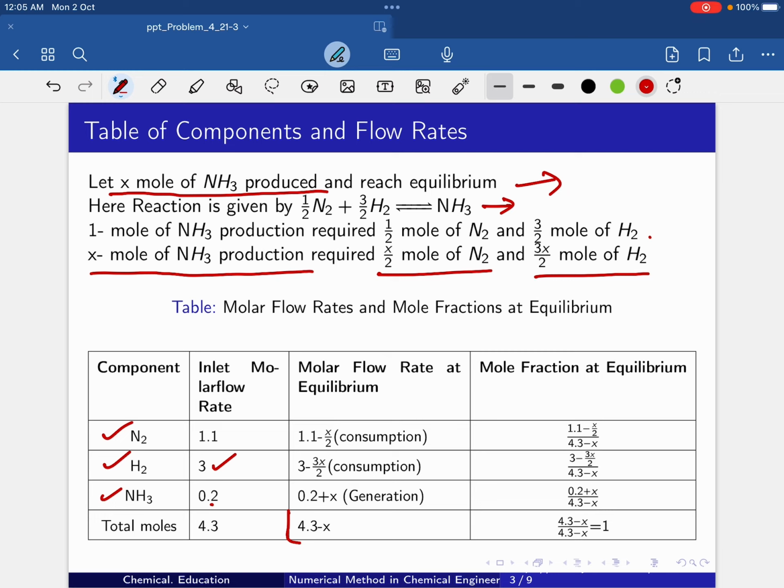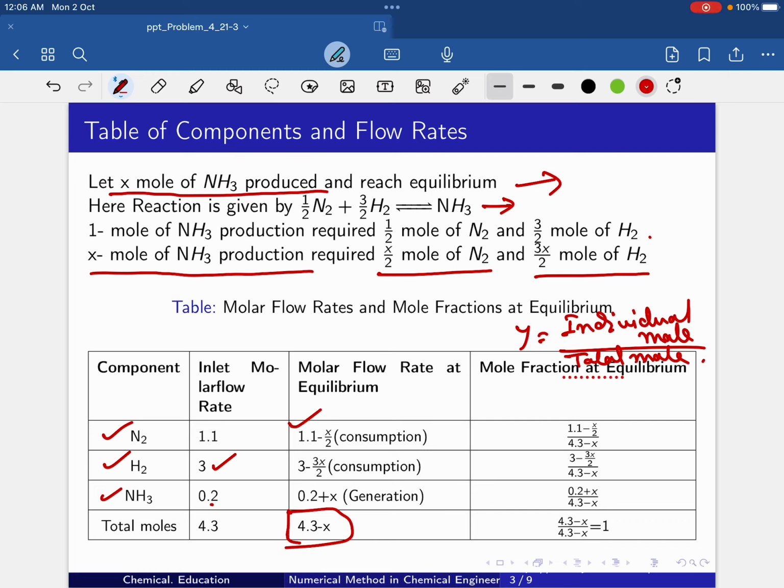Now at equilibrium, what will be the mole fraction? We know mole fraction is individual mole by total mole. Here this is the total mole, and the individual mole is here.